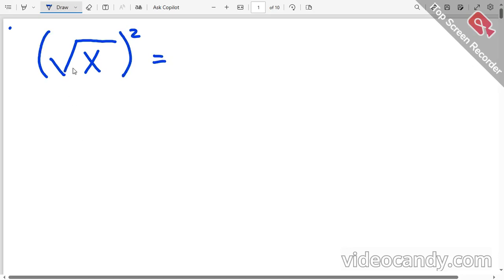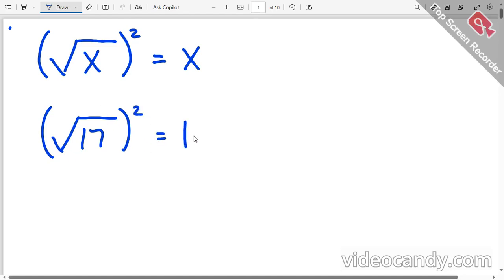So if you have the square root of x and you square it, that's just x. All right, so let's say you have the square root of 17, and you square that. Well, you just remove the radical symbol, and that's 17. All right, so that's the first thing you need to know.